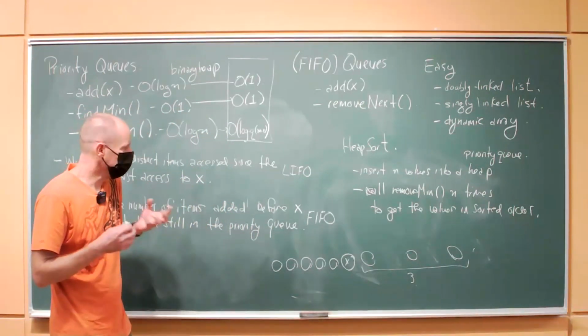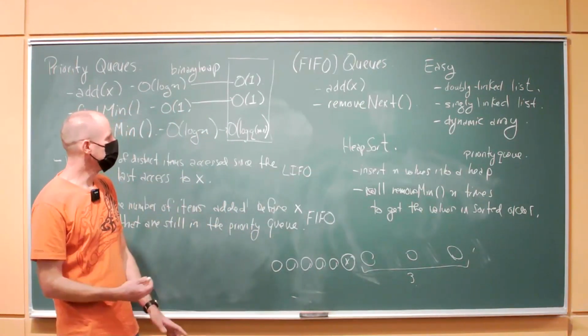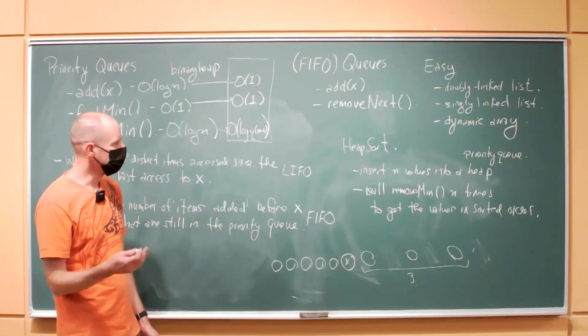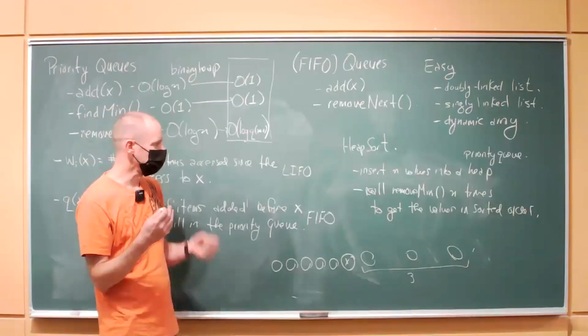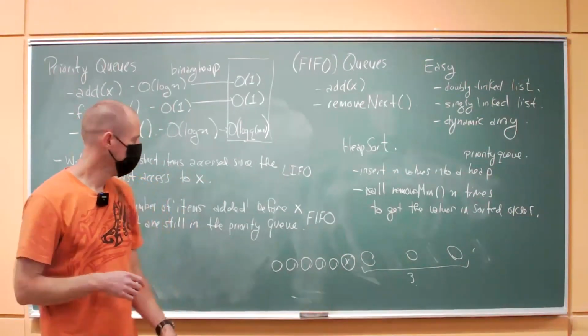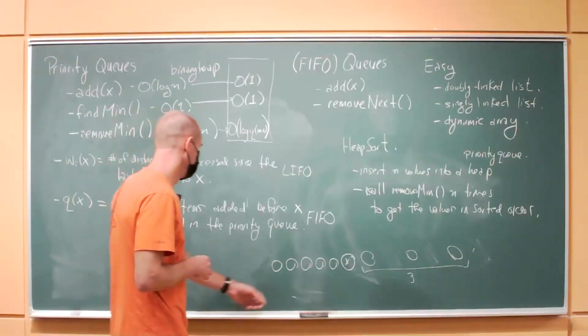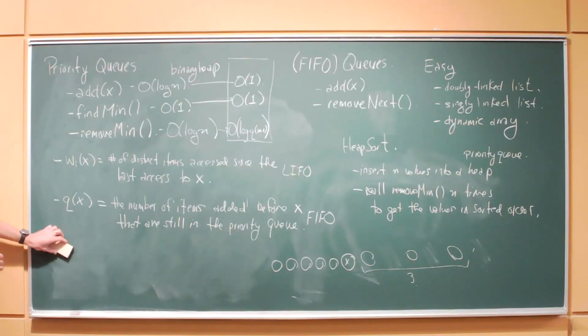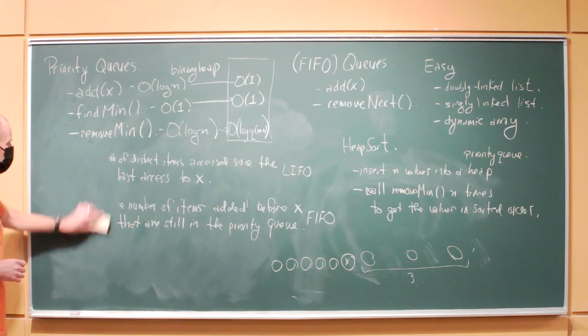Then you see that 99.9% of the things that come out are basically first in, first out, with a small fraction of things which jump ahead in this queue. Okay, so let's see how we can do this.